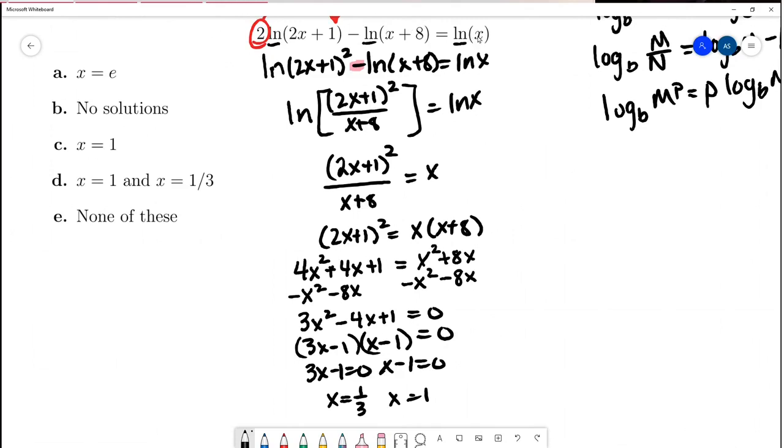If I plug a 1 in for x here, I once again get log of a positive, which is defined. So then on 1/3, 2 times 1/3 is positive, plus a positive, that's okay. 1/3 plus 8, that's okay. And then 1/3 over here. So I've got two solutions, 1 and 1/3.